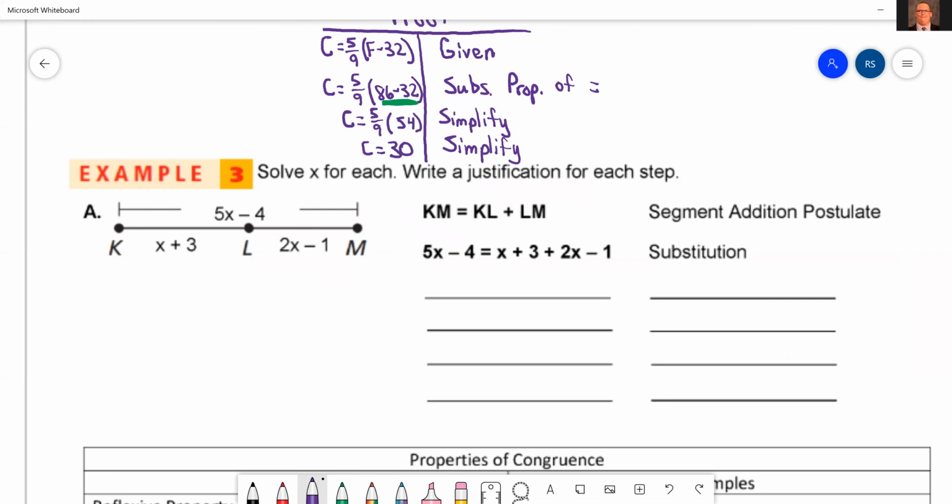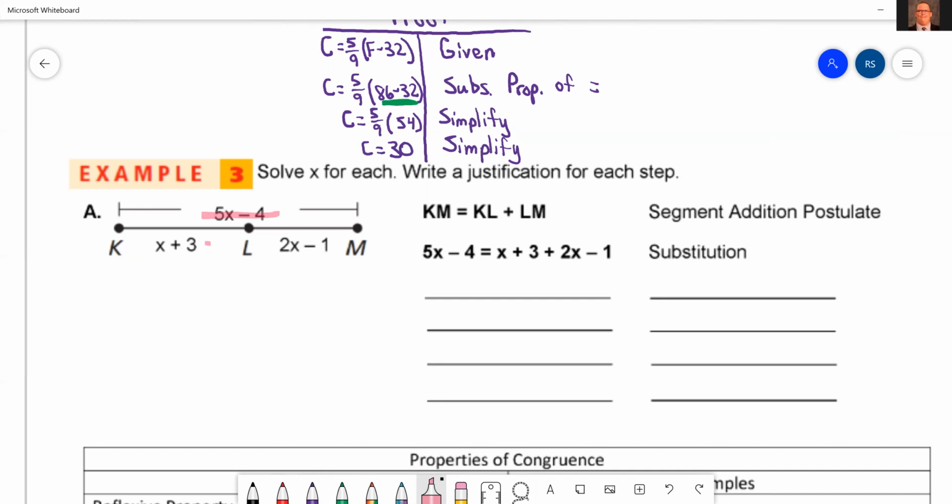So they give us this picture here. And what these mean, just so you kind of have an idea of what's going on. This 5x plus 4 is saying that from K to M, it's 5x minus, not 5x plus 4, 5x minus 4.